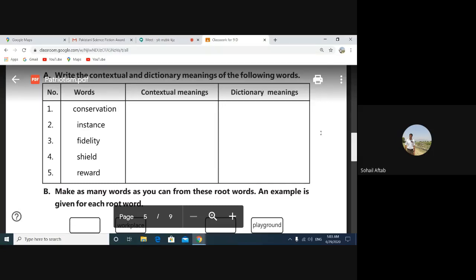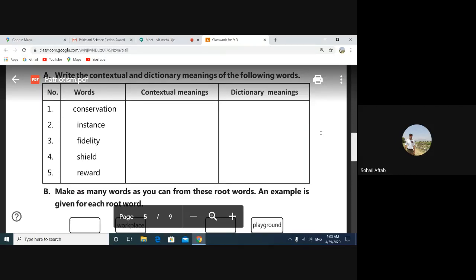And contextual meanings are the way those words are used by a specific writer. Sometimes writers use a word slightly differently, and therefore, in an essay, story, or any other form of literature, we need to derive meanings from the text.